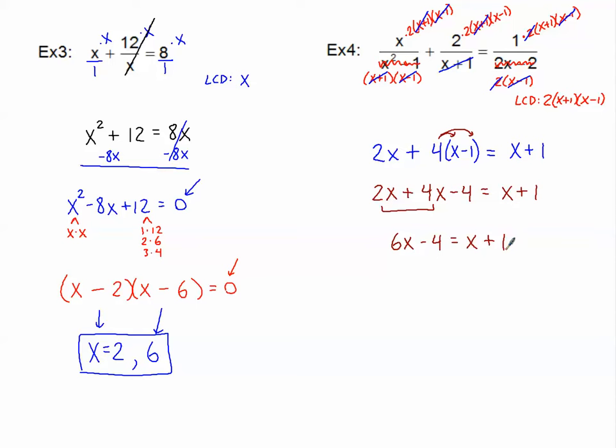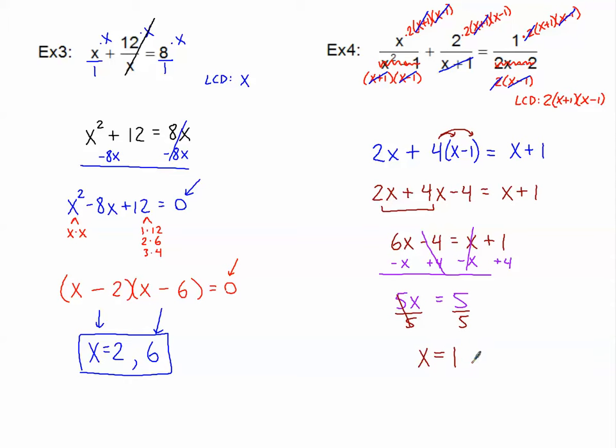Now that both of my sides are cleaned up, I'm going to choose this side. I like to always choose the left side if I can. So I'm going to subtract the x. That's to put my variables. I like the variable to be on the left side. There's my 5x. And maybe at the same time I'll get rid of the 4 to the other side. So slash that out and I've got 5 over here. And I'll divide by 5 and I'll have my final answer, x equals 1.